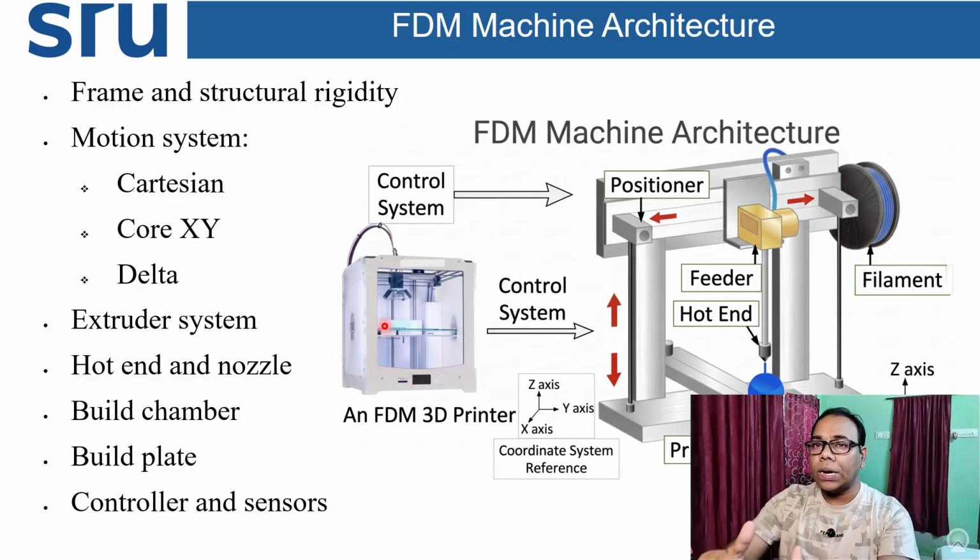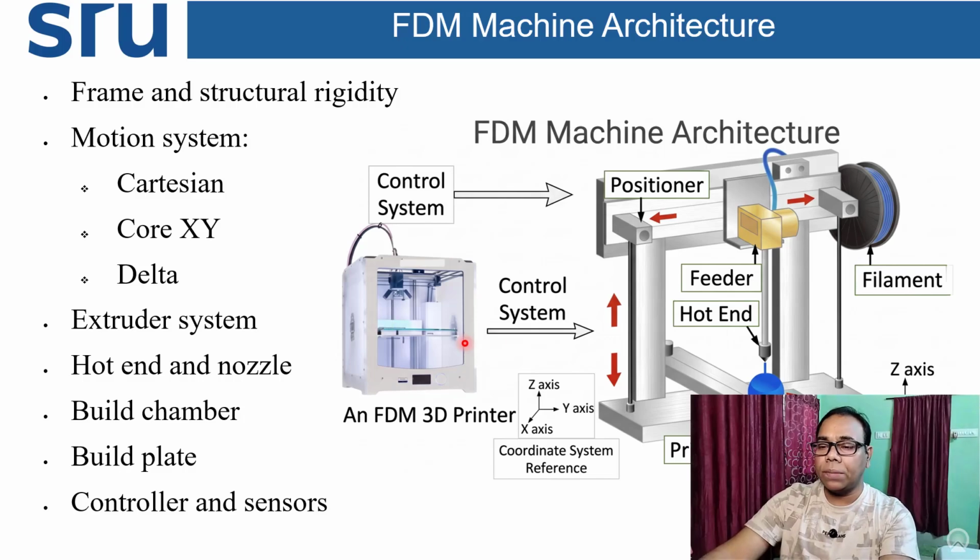For that, what components are required, how those components will be assembled, what is the functionality of each component, what sensors are required, and how those sensors and moving parts will be controlled. Similarly, for manufacturing different structures, what quality is required. All this information comes under the machine architecture.